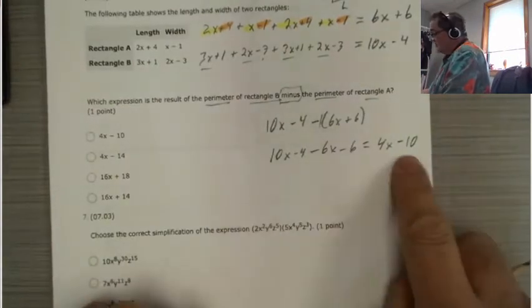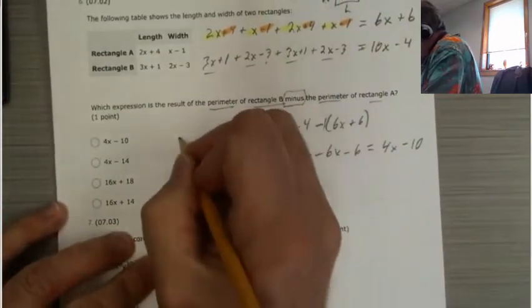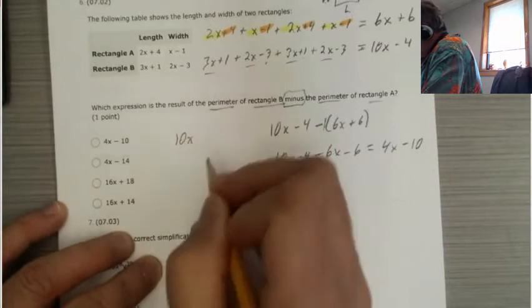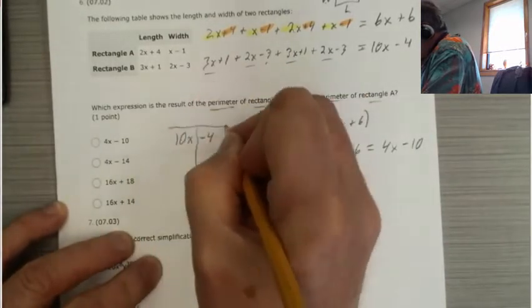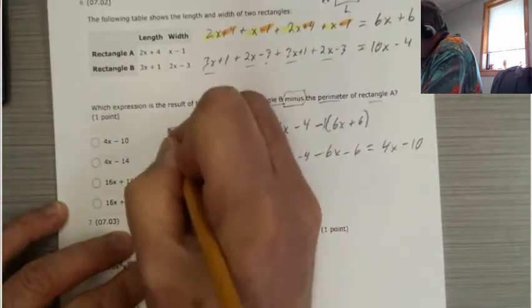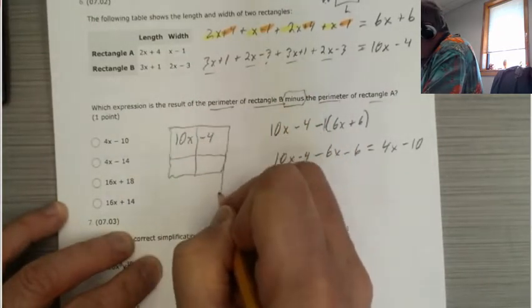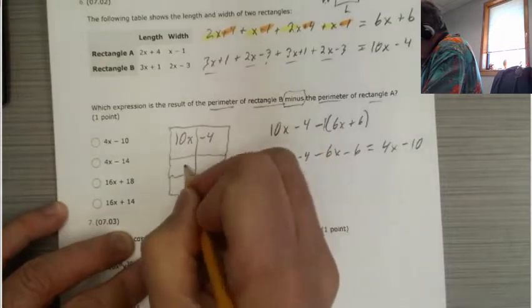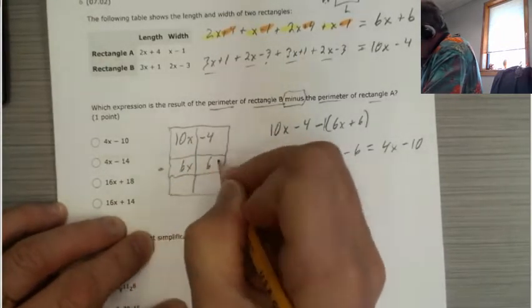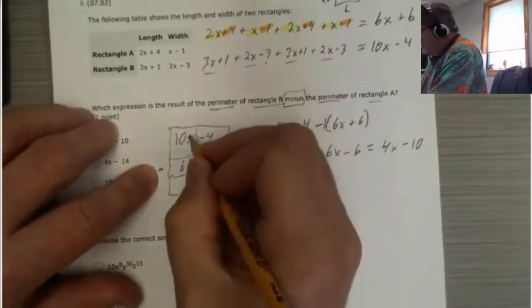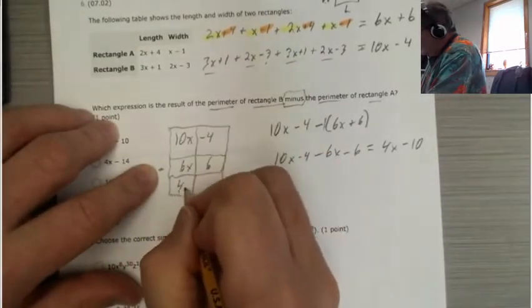That is the horizontal method. There was also a method where if you want to subtract from 10x minus 4, you could put it in a box. And from that, you're subtracting 6x and 6, right? So 10x minus 6x is 4x.